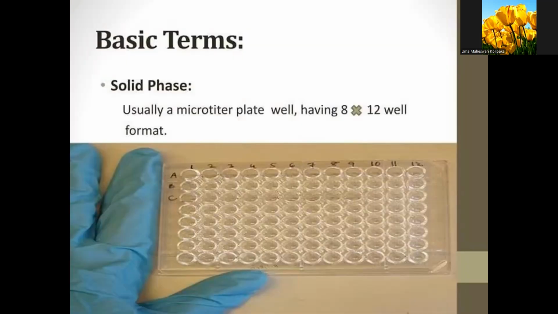So first coming to the basic terms, solid phase, usually a microtiter plate or microtiter plate well that is having 8 by 12 well format. So if you are considering, these are the 8 wells and these are 12 wells, so 8 by 12, total 96 wells we have in this microtiter plate.